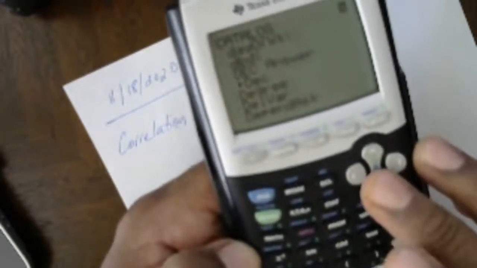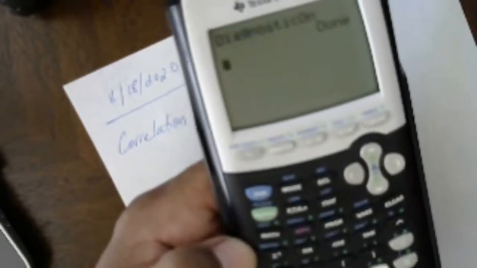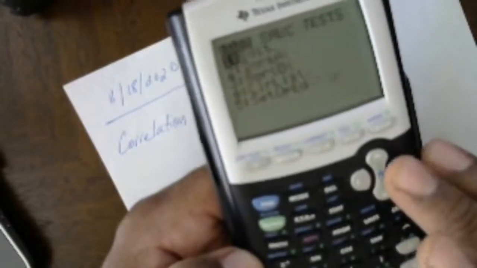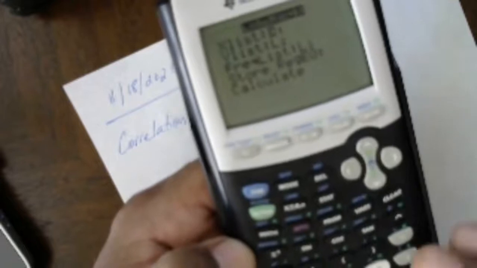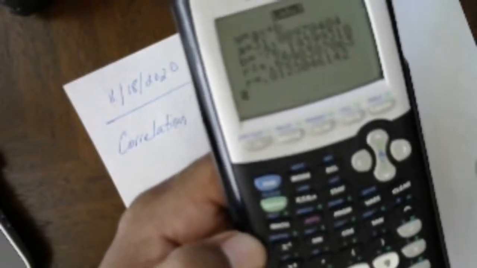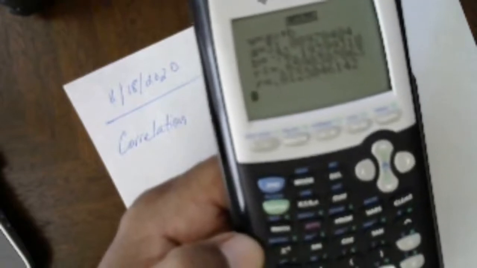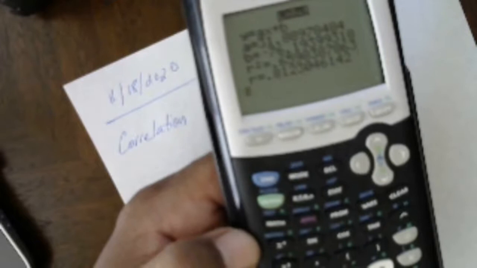If I find my diagnostic on, right, turn that on. So now if I go back into stat, calculate the linear regression, I go down to calculate. And I think I put my data points in not right or something. But notice that my R value appears.